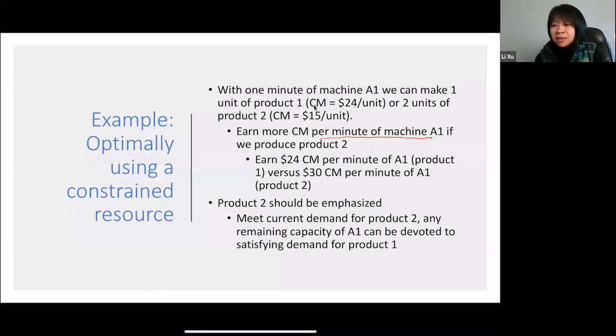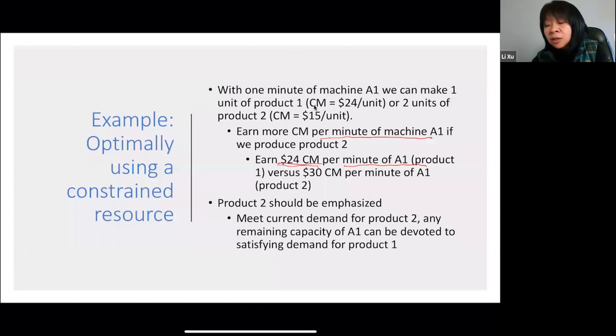For each product here, you take 1 minute to produce 1 unit of product 1, and the contribution per unit is 24. So here, it's going to be 24 contribution margin per minute of machine A1 for product 1. But for product 2, you only take a half minute to produce 1 unit, and for each product 2 you have $15 contribution margin per unit.